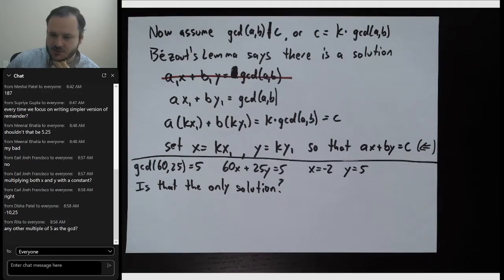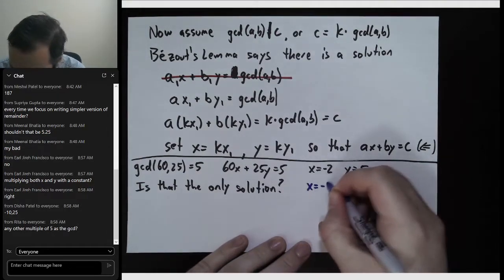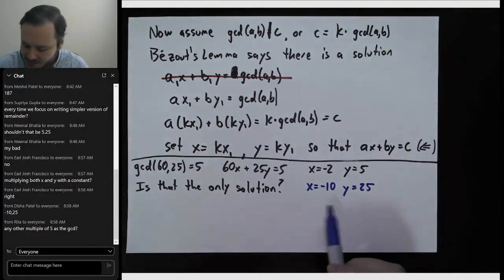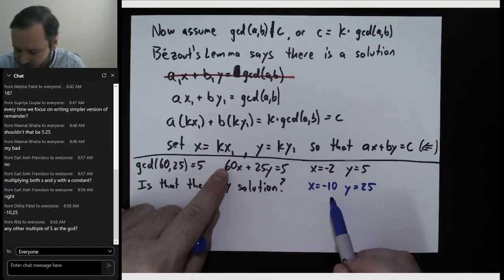Minus 10, 25. Does that work? Interesting. Good. So x equals minus 10, y is equal to 25. This is a relatively nice one. 60 times minus 10 is minus 600.